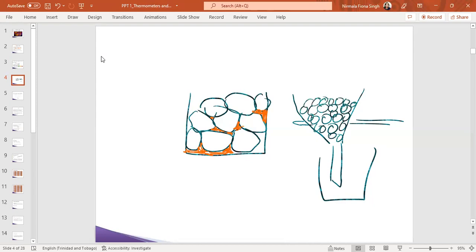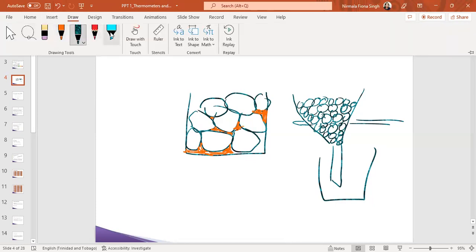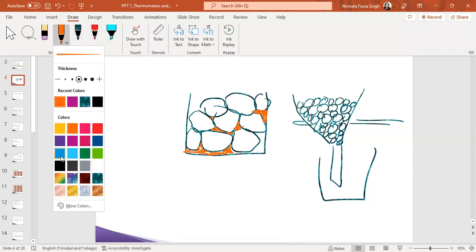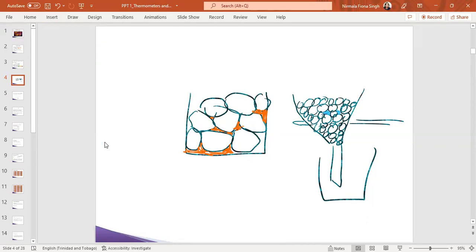We use crushed ice that is melting because all of the melted ice will be water and it will be taken up in the fine spaces in between. So everywhere where we have a fine space, there will be water that is basically at 0 degrees Celsius.